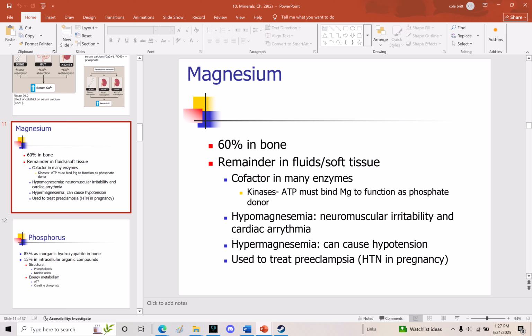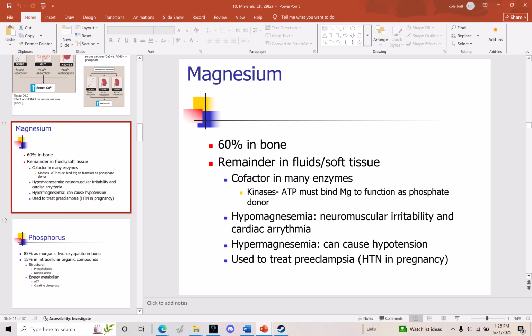Yes? For the magnesium, for the kinases, do you just want us to know that... So I want you to know that it's needed in a variety of enzymes, particularly kinases, which move phosphate groups.